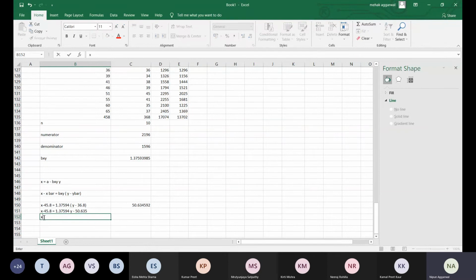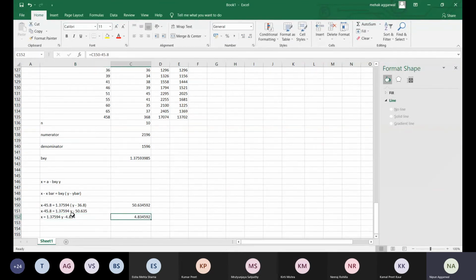Fine. And you will get the value of x is equal to 1.37594 y minus 50.635 plus 45.8. So that becomes 50.635 minus 45.8, and the sign is a minus sign, so that comes out to be minus 4.834.